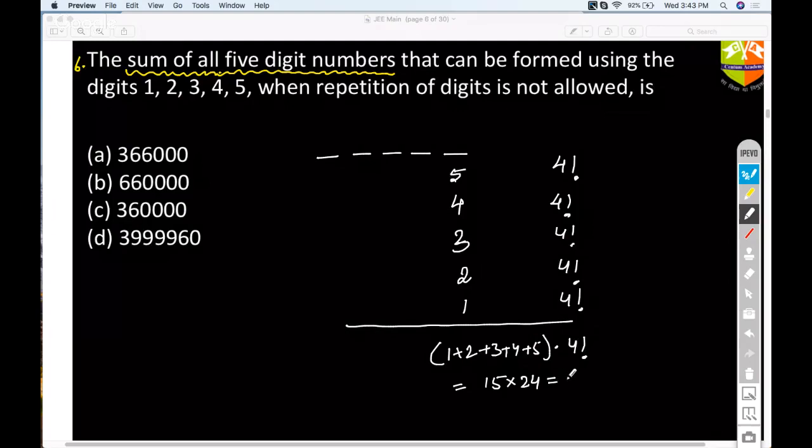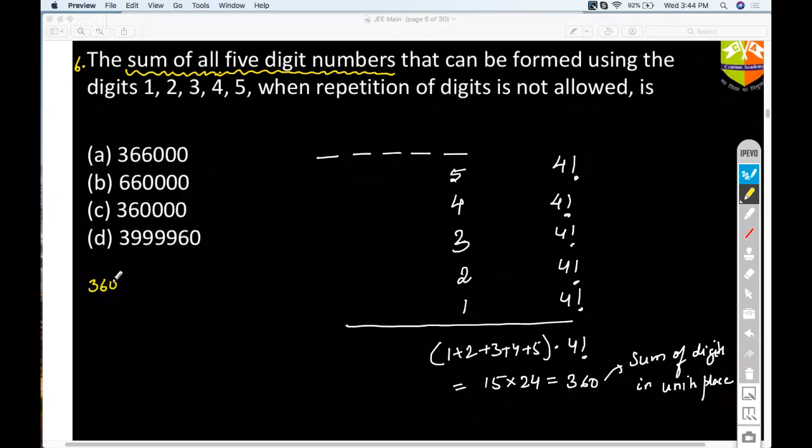15 times 24 is going to be 360, correct? So this is just the sum of the digits in the units place, right? In a similar way, can I say sum of the digits in the tens place will also be 360, but since they are occurring on the tens place, they will have a place value of 10, correct?